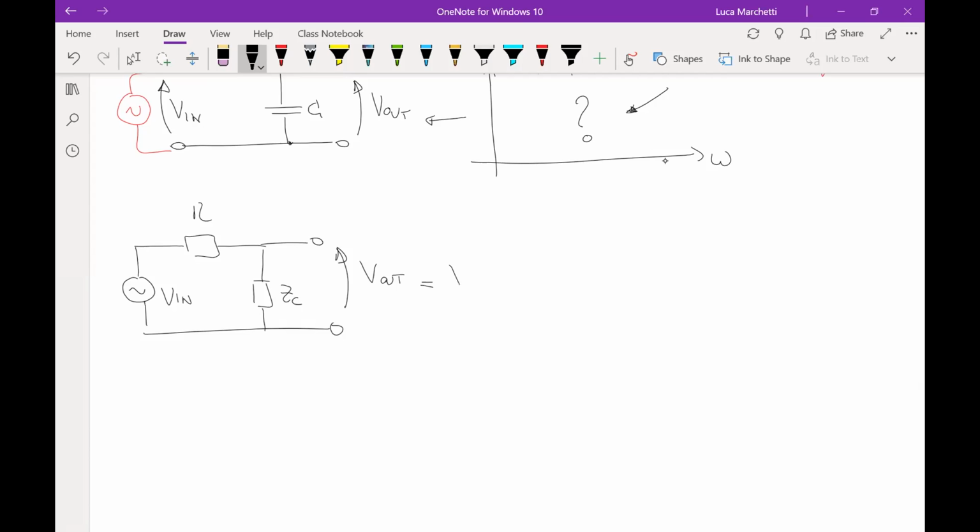This means that the output is equal to V in multiplied by Z_C divided by Z_C plus R. Now, what is Z_C? I hope that everyone remembers, and we also saw it last time.